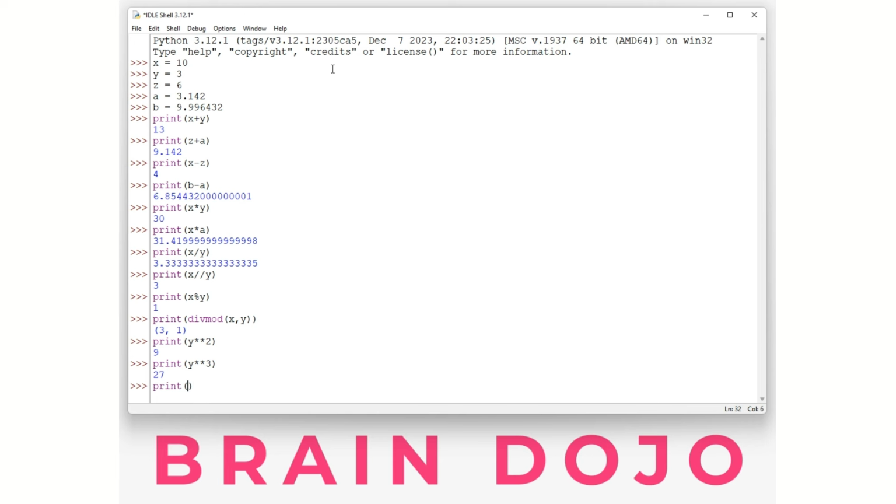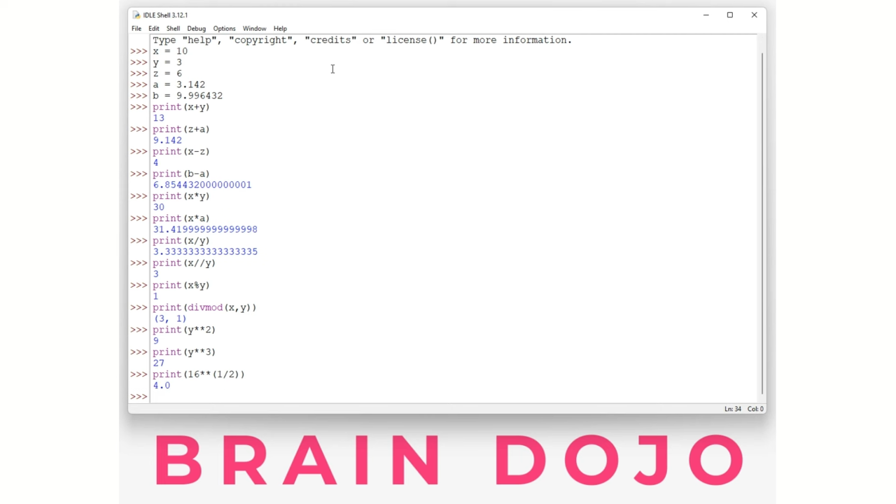Let's do a square root first: 16 raised to the power, and then we do half. What this should do is give us the square root of 16, which is 4.